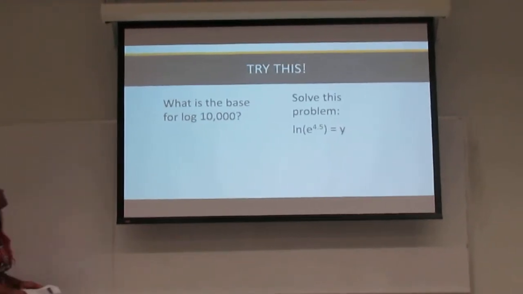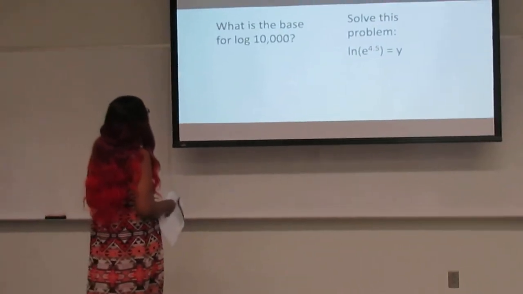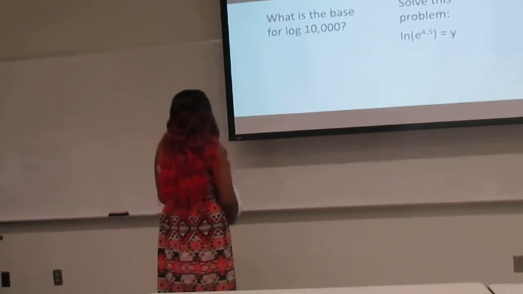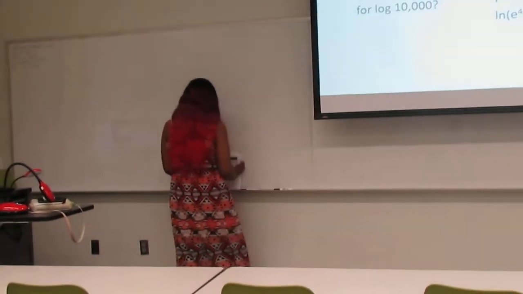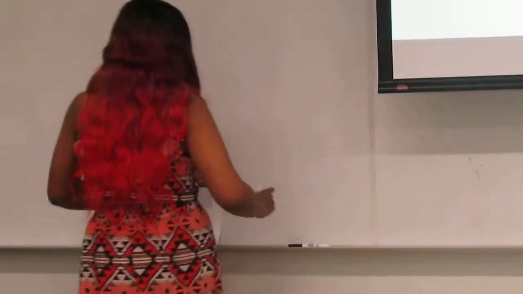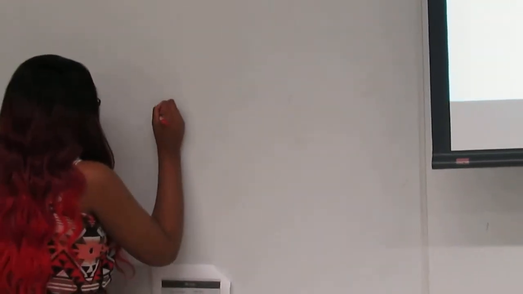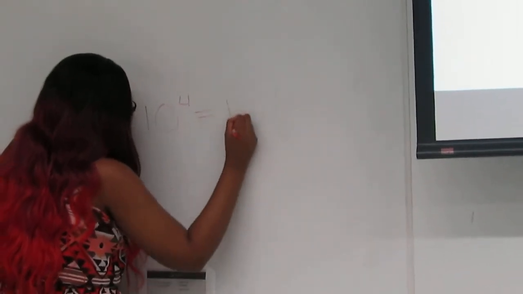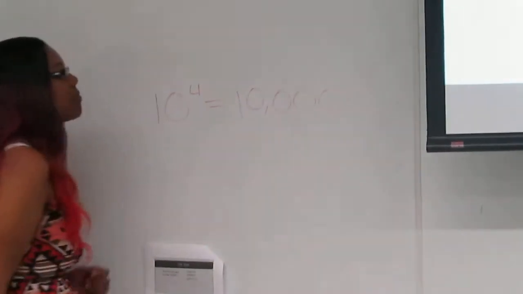Time to do another problem. What is the base of log 10,000? The base of log 10,000 would be 10, and the answer is 4, because 10 to the 4th power equals 10,000.